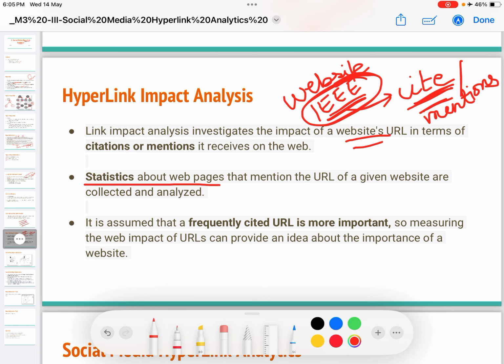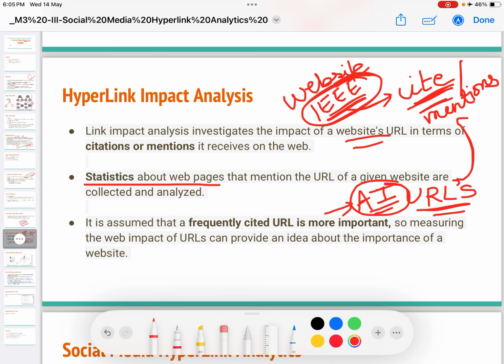It is assumed that a frequently cited URL is more important. So suppose AI papers are there, and the URLs having these papers are cited many a time in other projects. That means this paper is more important, this URL is more important.